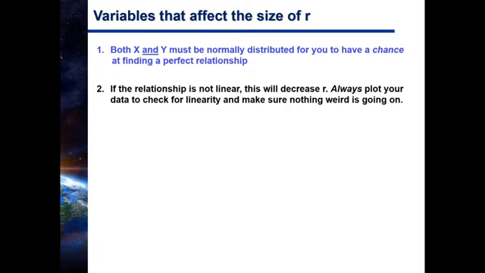It's just not linear. So you should always, always get a scatter plot for every correlation you want to investigate. You have got to make sure that the relationship between x and y is actually a linear one, because sometimes weird stuff happens, and you would want to know that.